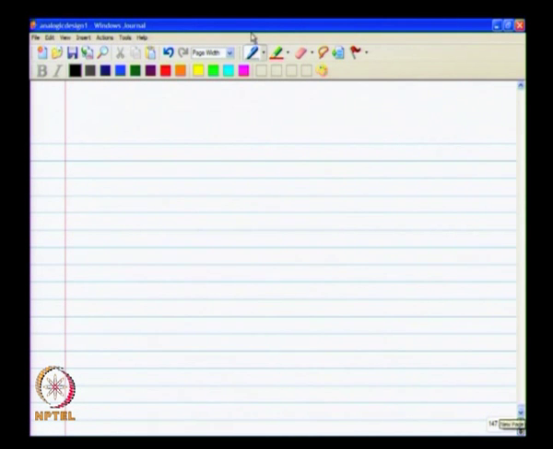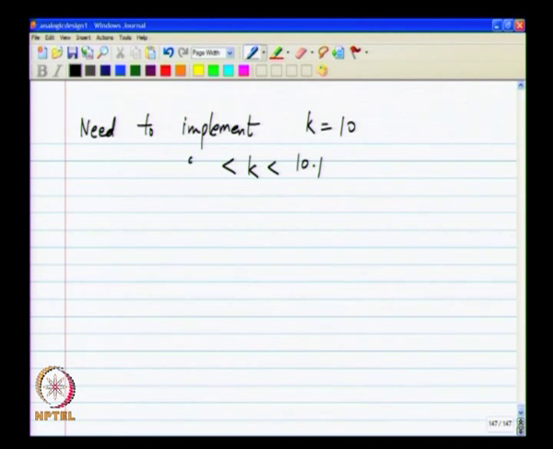So, just to get a feel for numbers, let us say I want to implement an amplifier of gain 10. I know that I am going to get an error and I would like the relative error to be less than something, and I will say that my k has to be between 10.1 and 9.9.